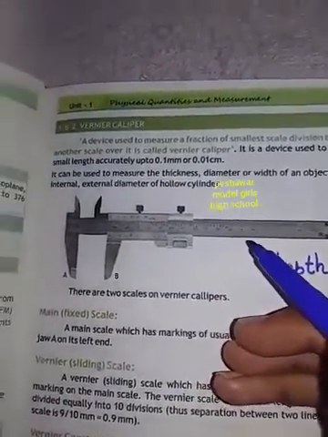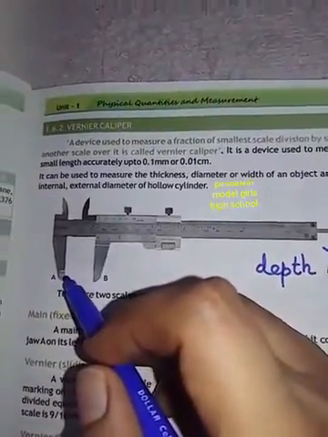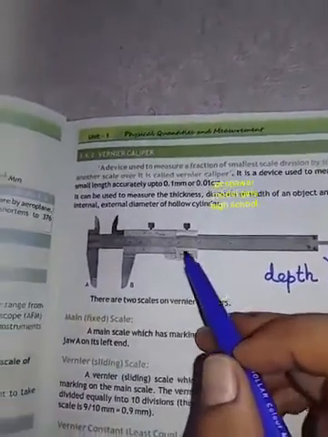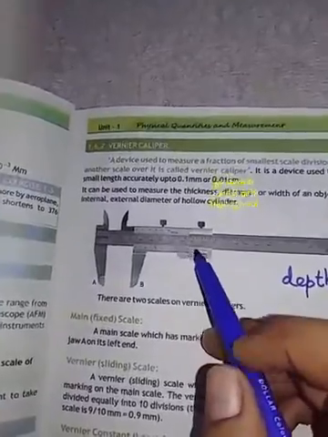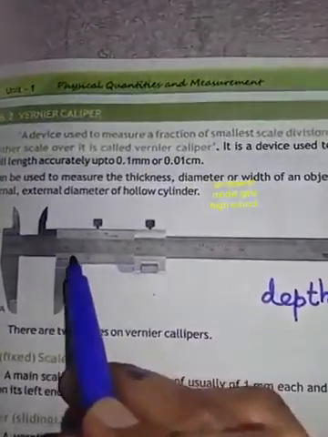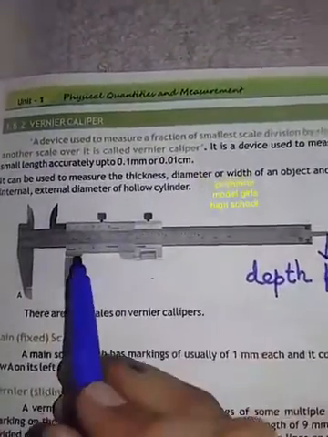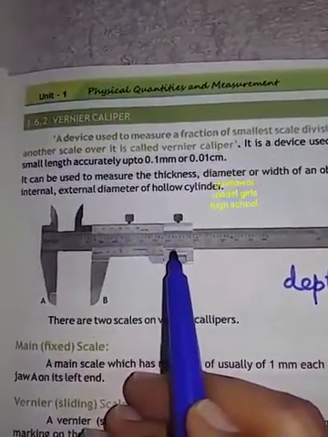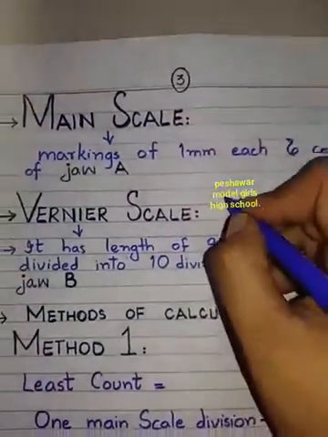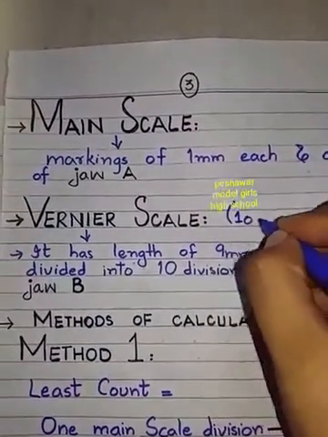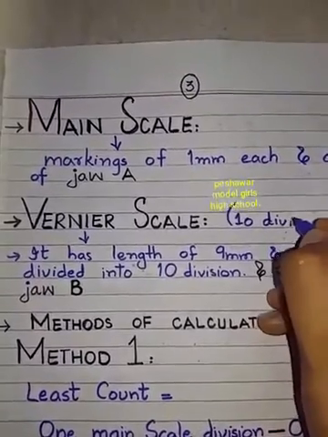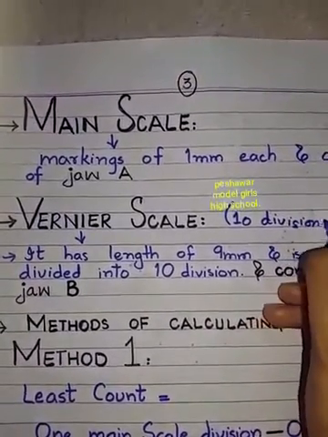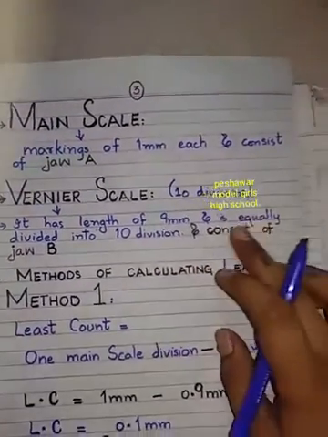The second scale, known as the vernier scale, has a length of 9 millimeter and consists of 10 divisions.